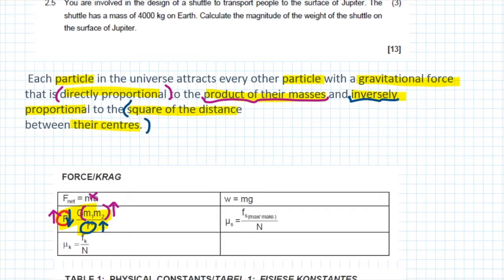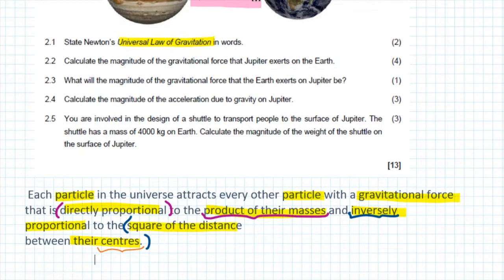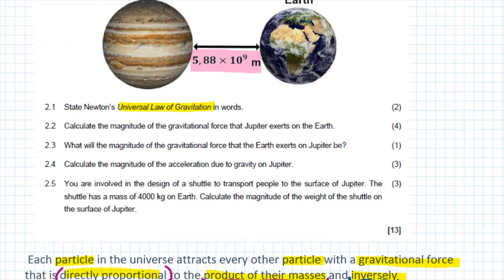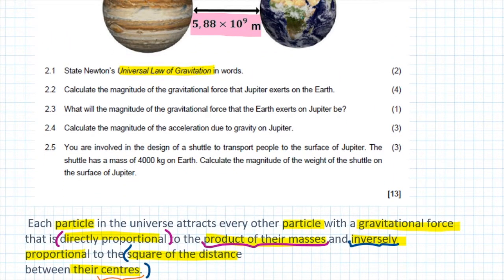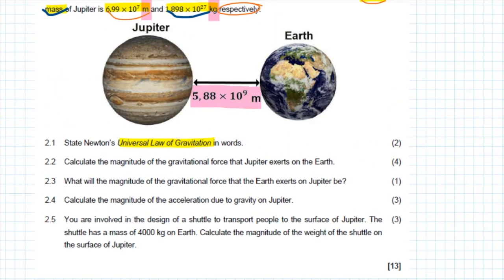And this centers is very important because that is going to help us with the next part of this problem, the second question. So this statement is going to get you 2 marks. 1 mark is normally awarded for the first part where you mention the product of their masses, and 1 mark for the second part. But depending on the examiner, it may be 2 marks or nothing. So be sure to learn your definitions, statements and laws very well.